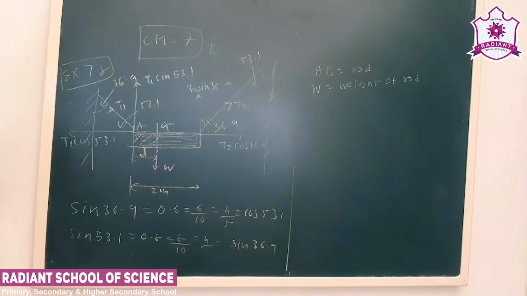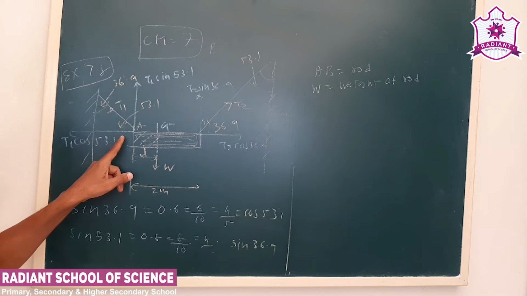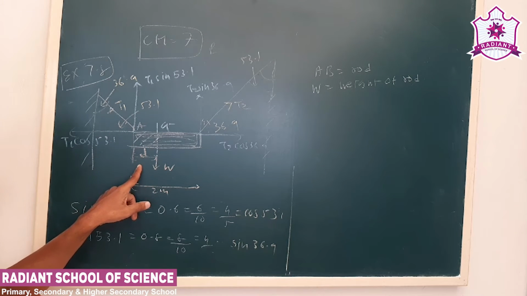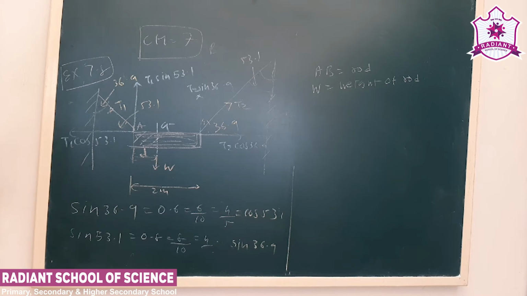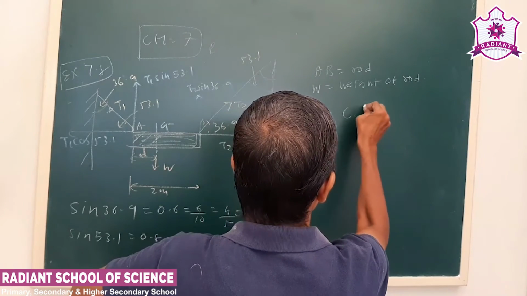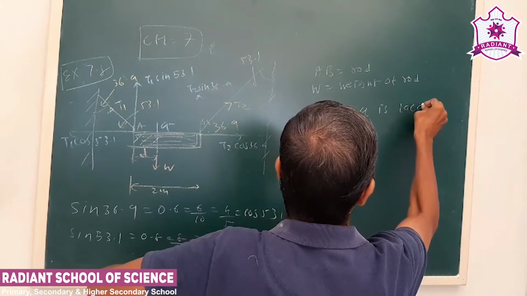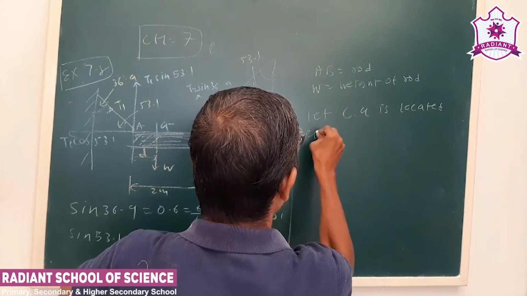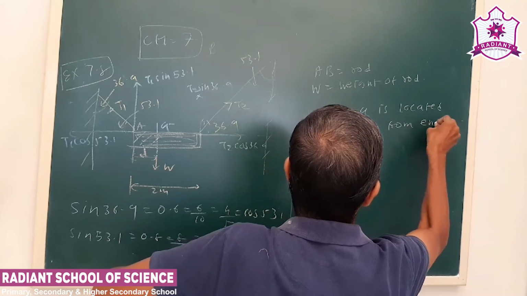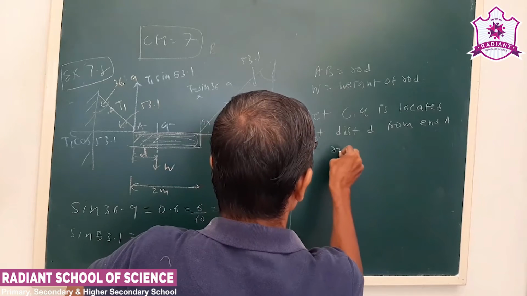Okay, now we have to calculate at what distance from A, let us say distance D from the end A, the center of gravity is located. So we assume like this, let center of gravity is located at a distance D from end A of the rod.